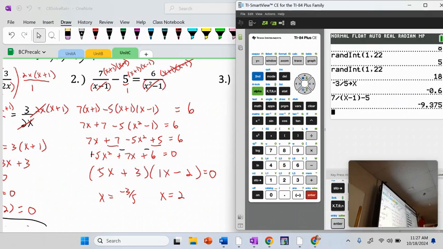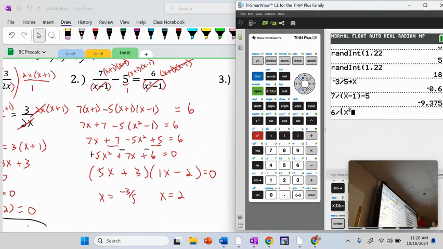That's weird. Negative 9.375. What does that tell me? I got to check. On the right side, do I get the same output value? And if I do, that's what solving is. This is why I said we probably should do this. So everyone should be thanking good old George for saying that we want to do this, because then when I put, what should I get when I type this in?